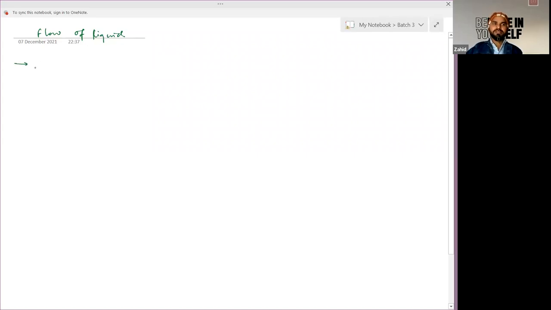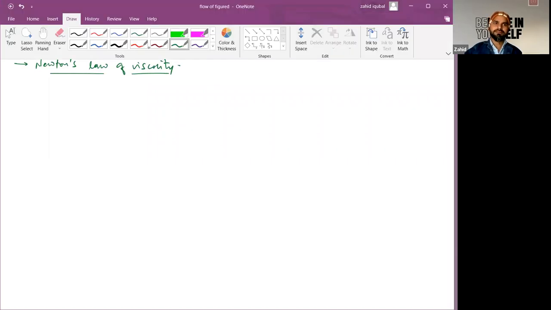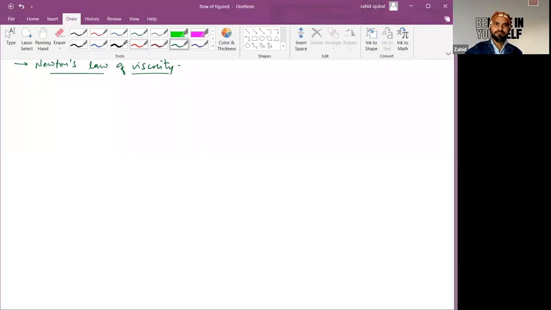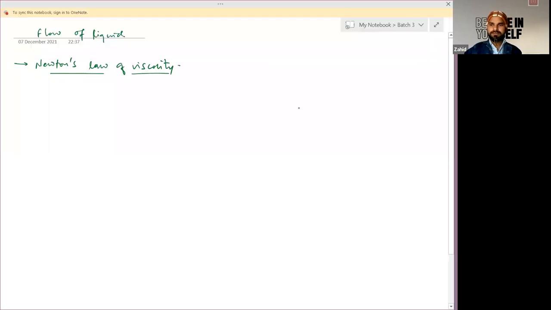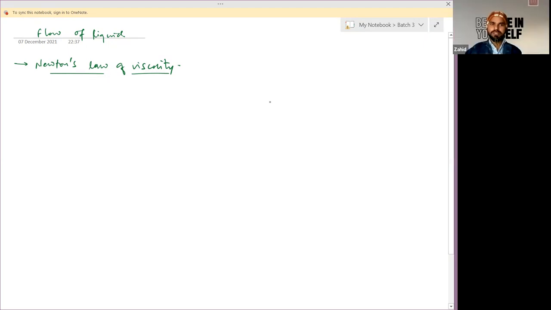In this particular topic, the first term is Newton's law of viscosity. According to Newton's law of viscosity, liquid always flows in a layer by layer structure.